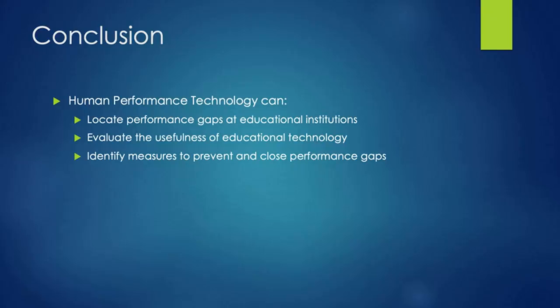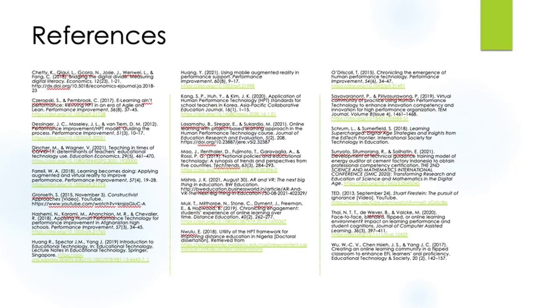So human performance technology can help to evaluate the online educational platform as a way to locate any potential performance gaps on the platform itself, but also the resources and materials that are used for educational technology and for online education in order to make sure that students continue to have the best education possible. It was very interesting to learn about human performance technology and what it has to offer to educational institutions.